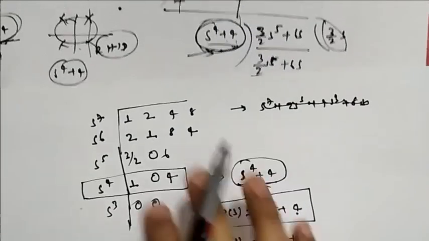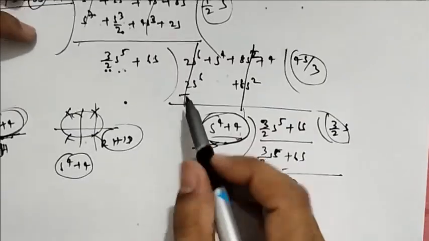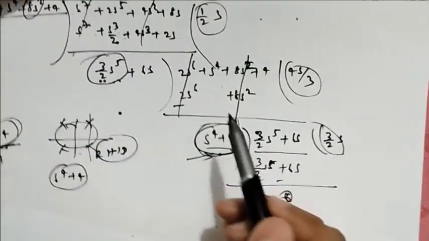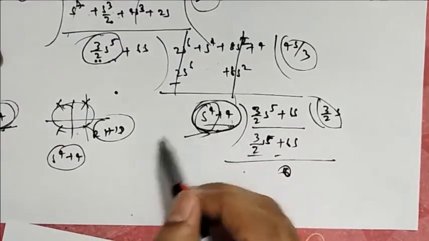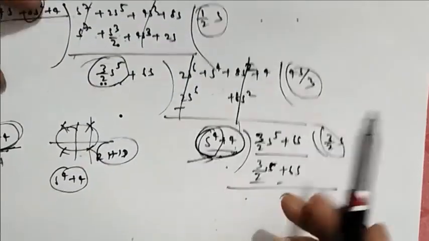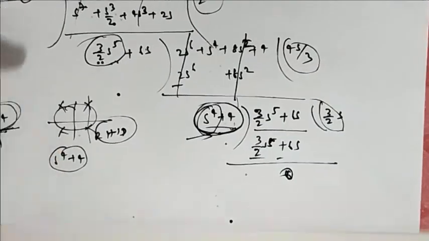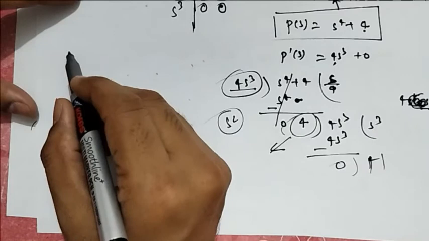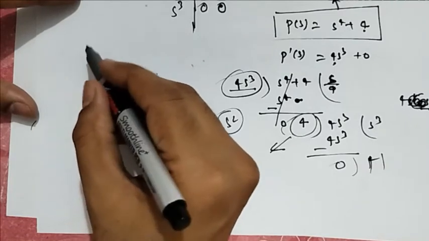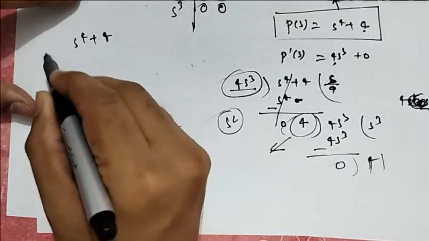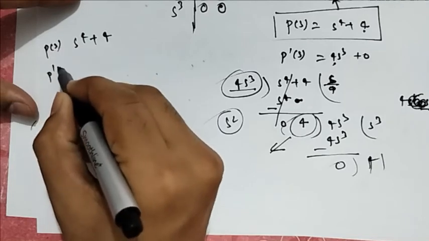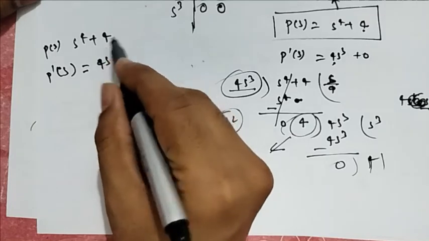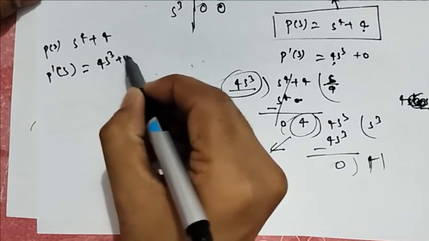Now this we can see from the successive division that we have done. See, if this is s to the power 5, here what we are going to get is s to the power 4. It means one magnitude lesser. Now if you want to check by the RS criteria, we need to check 4 s cube, s to the power 4 plus 1, then p dash of s will be 4 s cube plus 0.